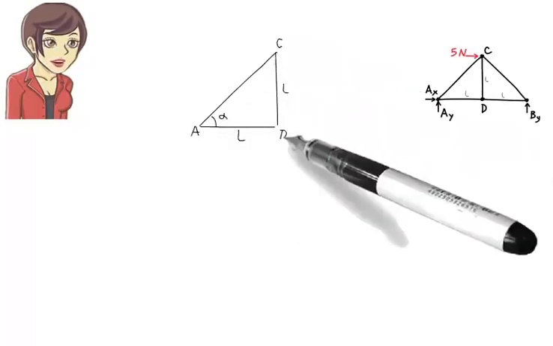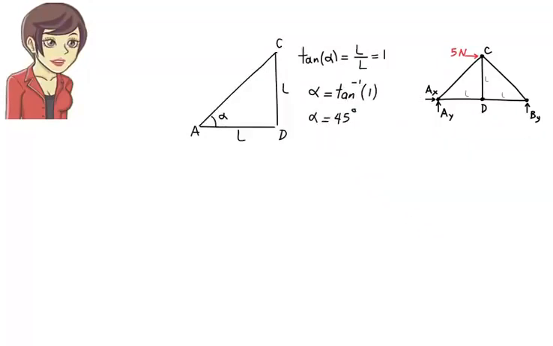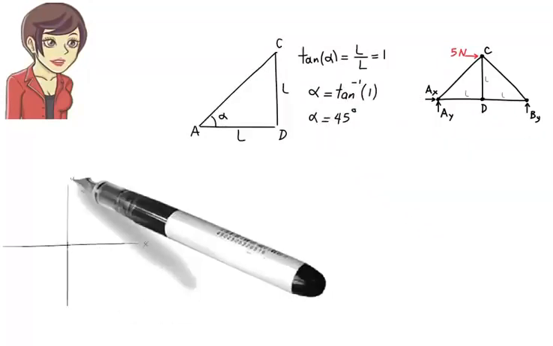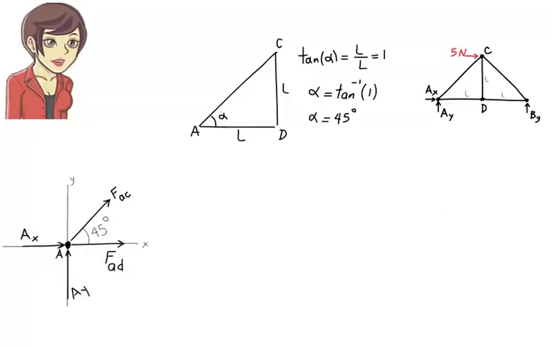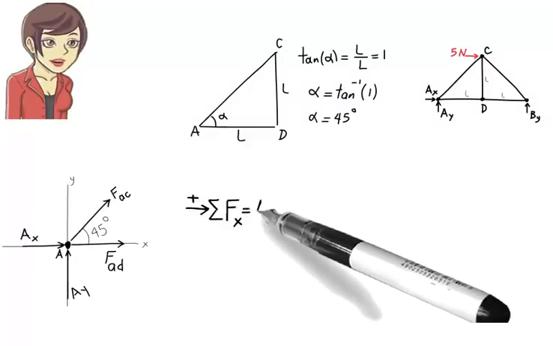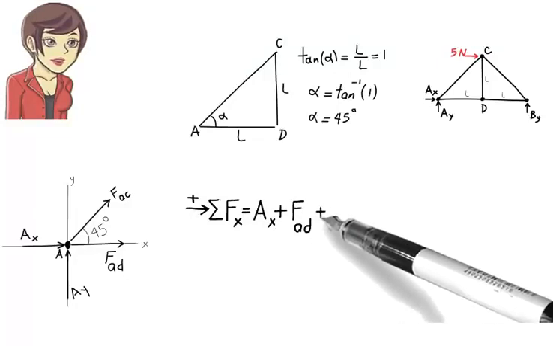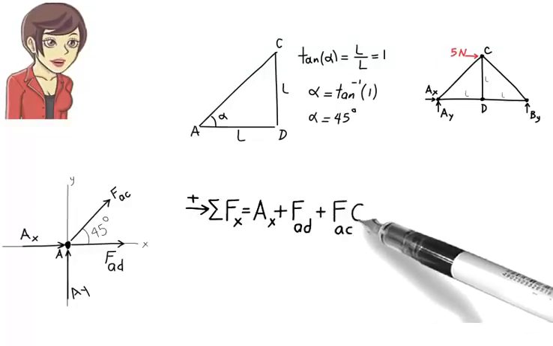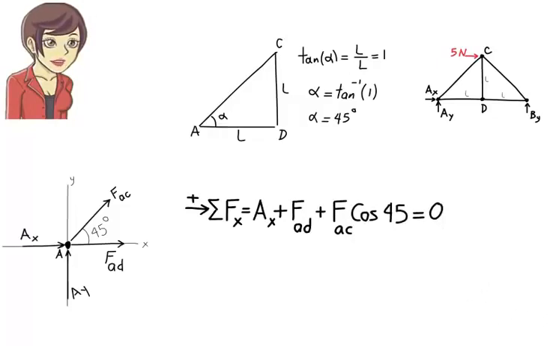Using the geometry of the truss, we can calculate angle alpha. It is 45 degrees. Then we can write sum of the forces in the x direction equals AX plus FAD plus FAC cosine 45 equals 0.